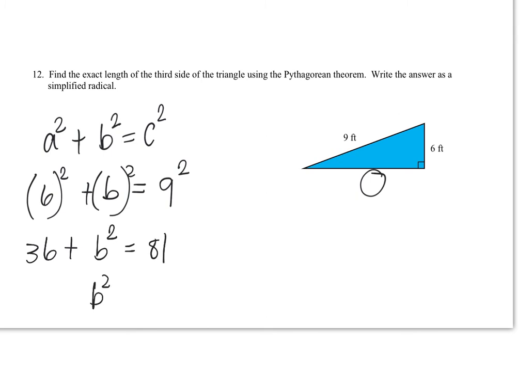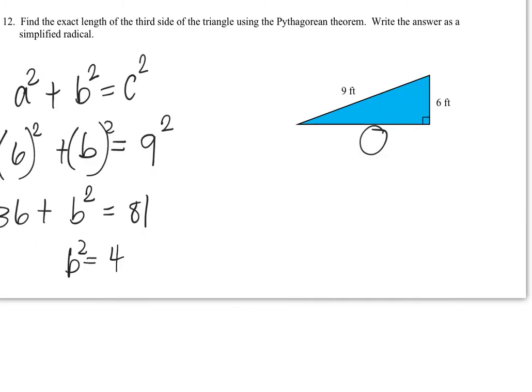So b squared equals 81 minus 36, and we get 45. But I don't want b squared, I want b. So b squared is equal to 45, so b would be the square root of 45.